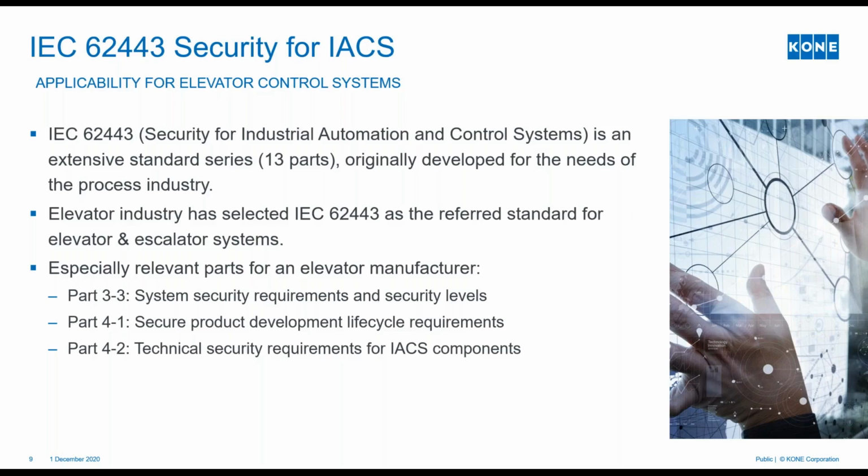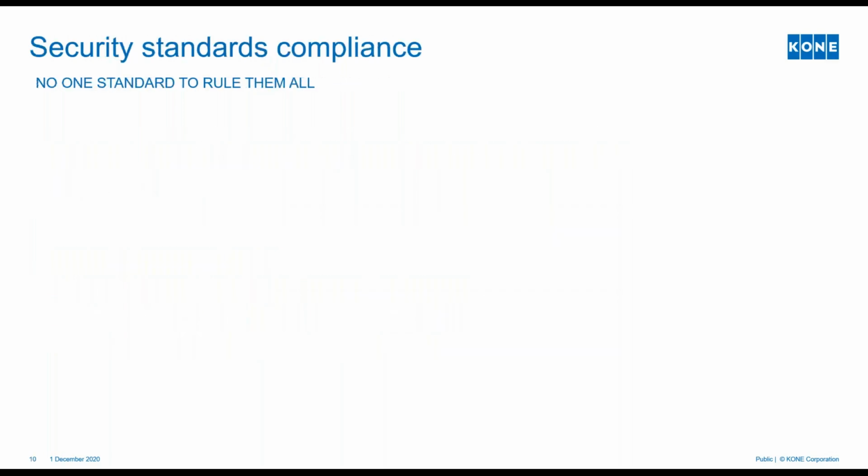Others are under development, so there may be 14 parts in about 1 year. It is divided in parts according to the traditional process industry operating model, and we obviously don't have the same operating model in the elevator and escalator industry. So we have picked a couple of the parts of the standard that are most applicable and most relevant for us.